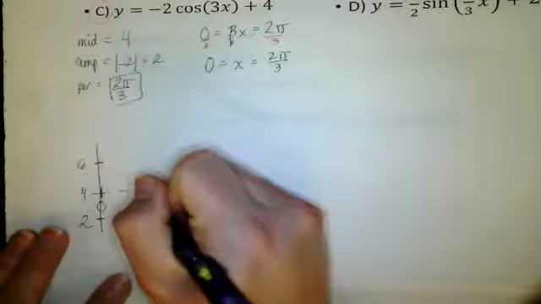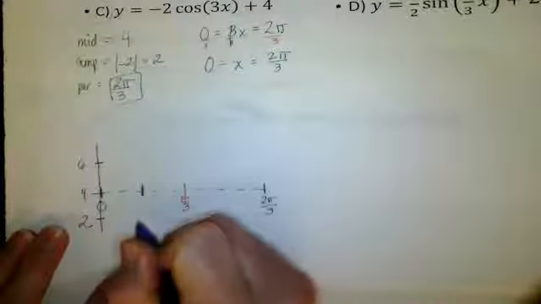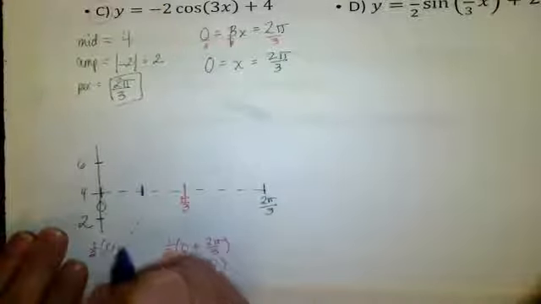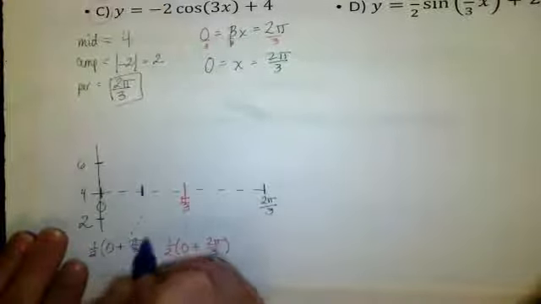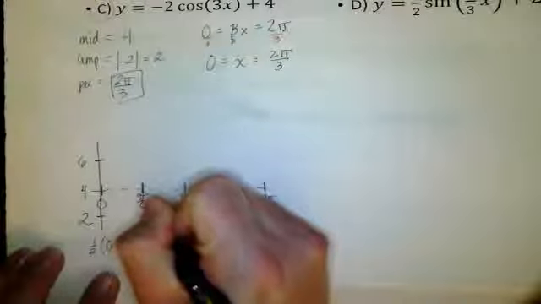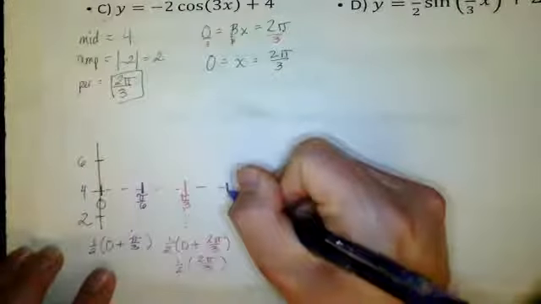If we want to find this midpoint, because that's exactly what it is, it would be halfway between 0 and pi over 3. Well, what's halfway between 0 and pi over 3? Pi over 6. And again, the math works out really well here too. And then I want to find this last one.